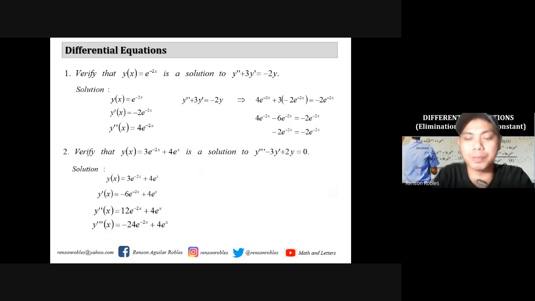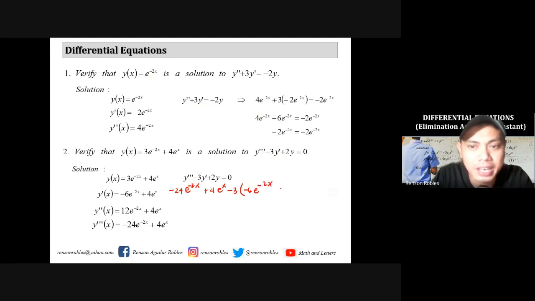So you have y triple prime equal to negative 24 e to the negative 2x plus 4e to the x, minus 3 times y prime, where y prime is negative 6 e to the negative 2x plus 4 e to the x, right? Then plus 2 times y, wherein y is 3 e to the negative 2x plus 4 e to the x, and we shall equate it to 0.